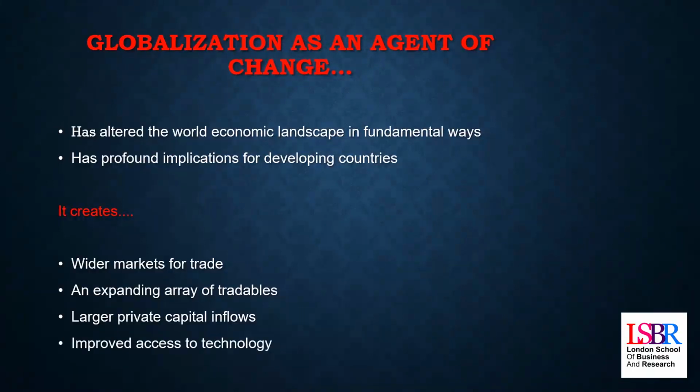And finally, globalization has improved access to technology. We could have the best smartphones in the world, but if there was no agreement on standard internet procedures or protocols, if there was no roaming on our mobile phones, then having all that technology would be pointless without the opportunity to take advantage of it on a global scale. So technology has been a big driver, but technology has also been helped by globalization.